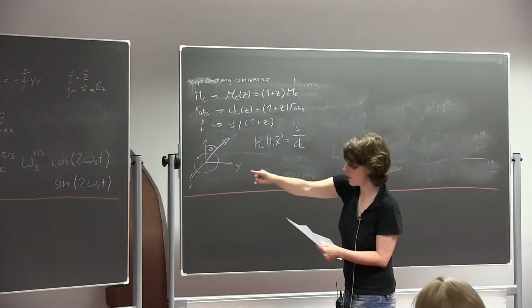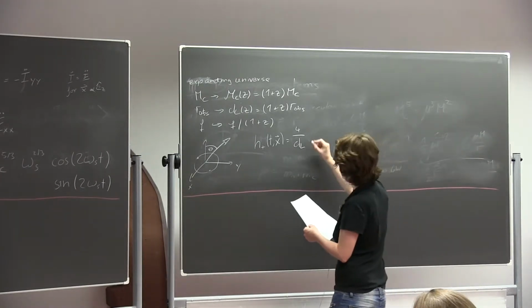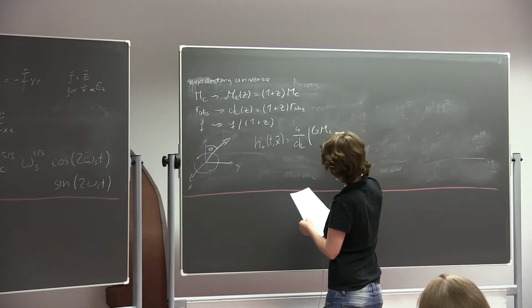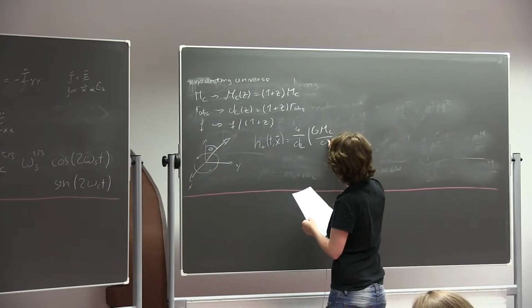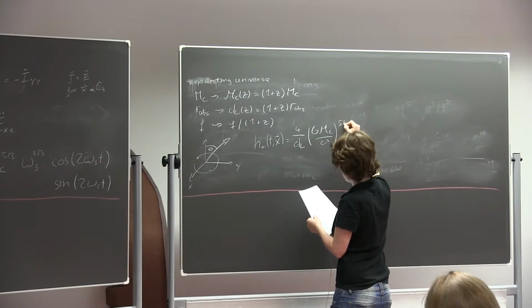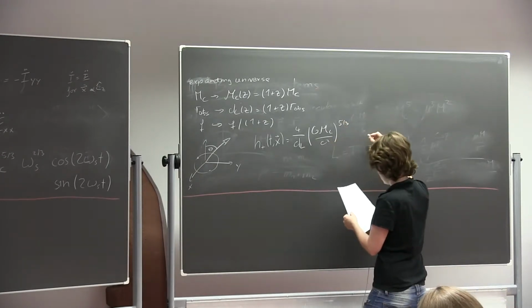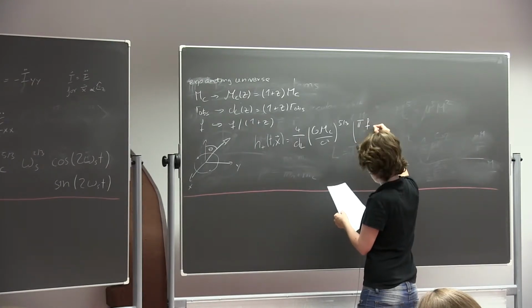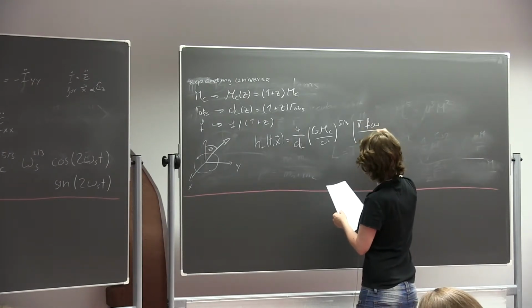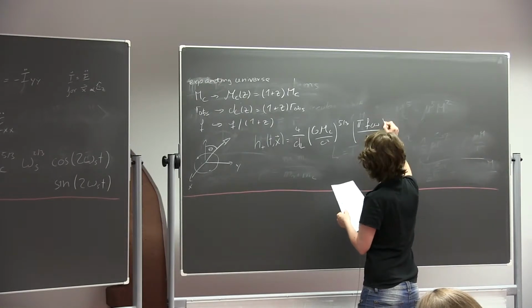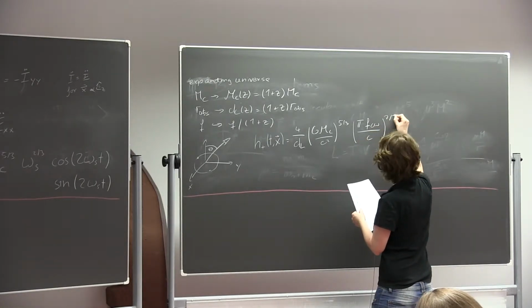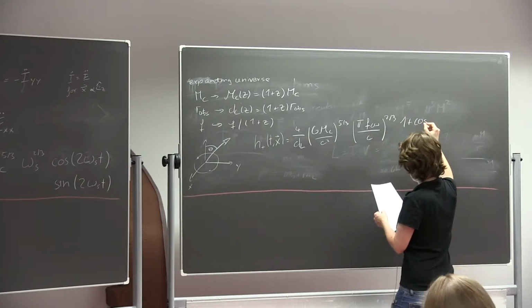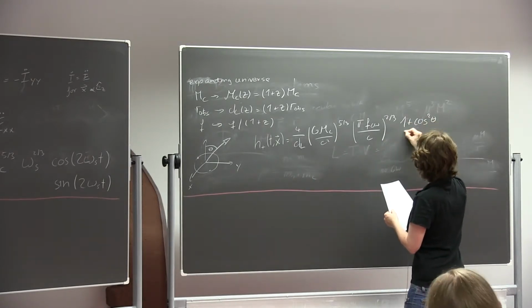The R gets replaced by the luminosity distance, the M gets replaced by the curly M, and here we get a 1 plus cosine squared of theta over 2.